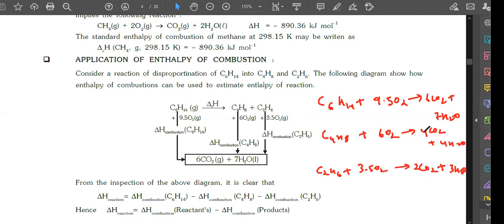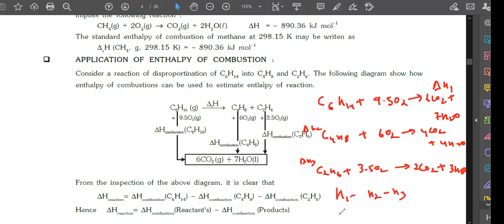This is your reaction. So we have delta H1, delta H2, delta H3. If you see the overall reaction, it is this minus this and this. Overall reaction is H1 minus H2 minus H3.